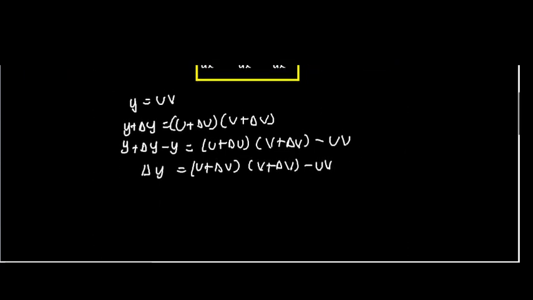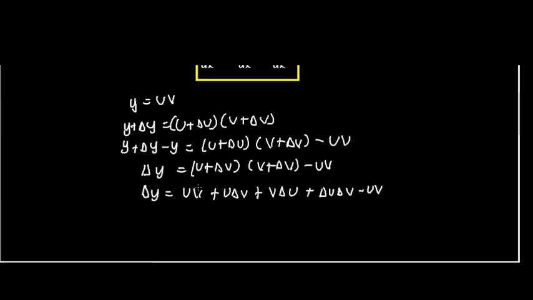Then we can open these brackets, and we shall get change in y equal to uv, plus u times change in v to get u change in v, plus v times change in u to get v change in u, plus change in u times change in v to get change in u change in v, then minus uv.